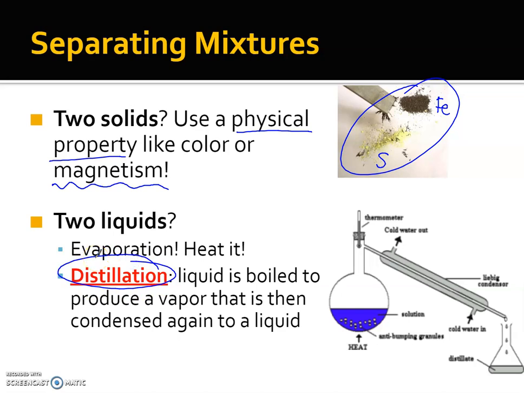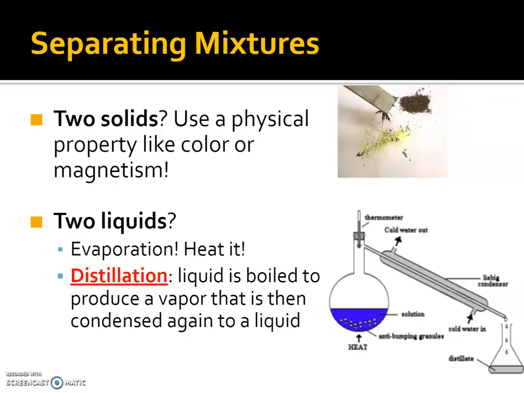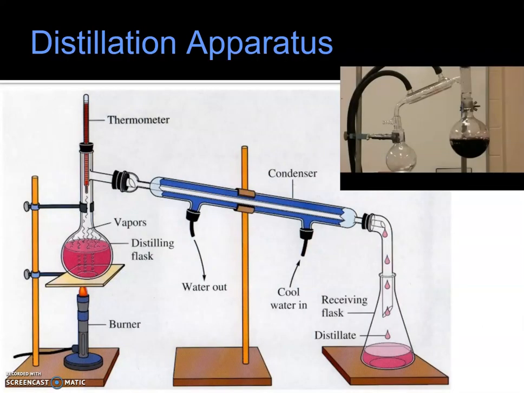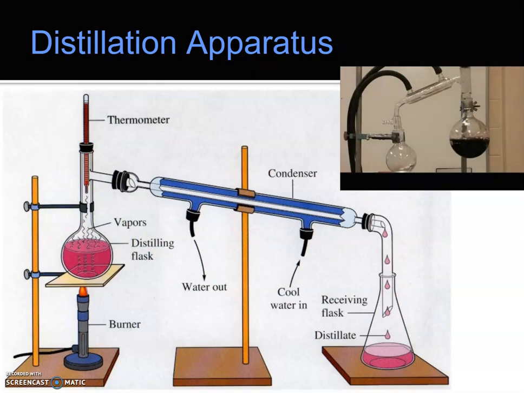You probably heard of distilled water, distilled vinegar, maybe even distilled alcohol. It's a special system that goes through and uses the characteristic boiling points in order to separate things out. All right, so in my notes, I have this distillation apparatus right here. What you want to distill goes in this round bottom flask right here. It has a stopper at the top with a thermometer so that you can see what temperature you're at.